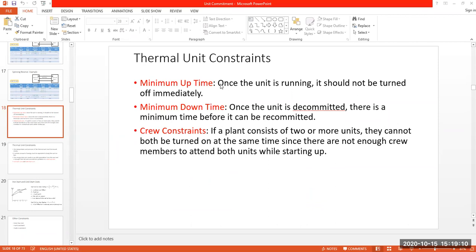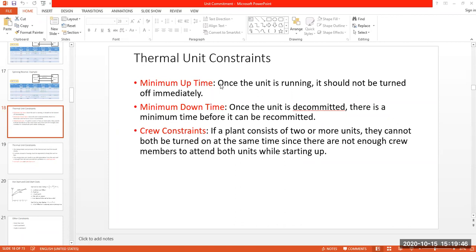What are crew constraints? Crew constraints means, as a company owner, you would like to spend the minimum amount of money and extract the maximum amount of profit, right? So your management department should study what is the minimum amount of crew required to run the plant in normal condition.